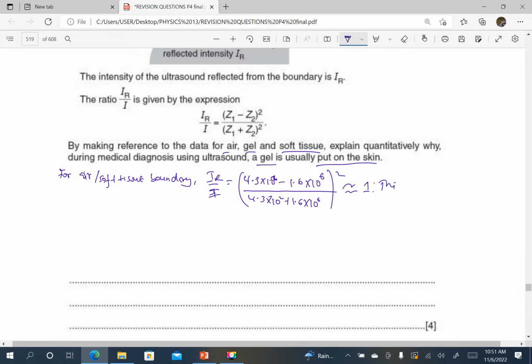So this means almost complete reflection, or no transmission. Almost complete reflection, almost no transmission. That's what it means. Let's check for the gel soft tissue boundary.